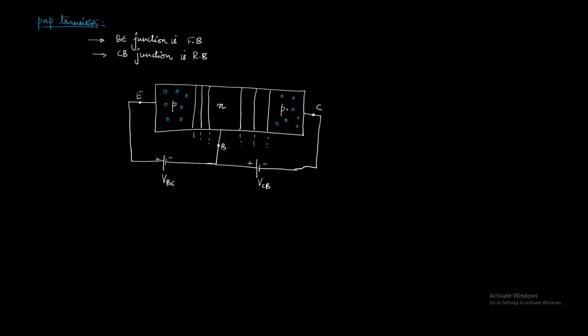Holes are the majority carriers in the p side and electrons are the majority carriers in the n side, and we have the layer of ions that are set up, negative ions on the p side and positive ions on the n side.